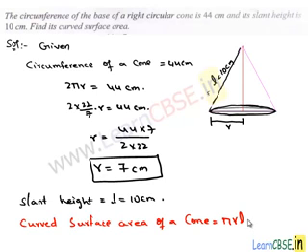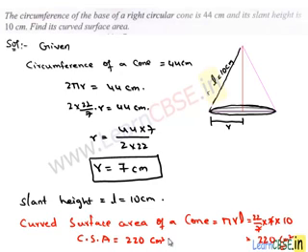Here we have the value of pi, which is 22 upon 7, the radius is 7 centimeters, and the slant height is 10 centimeters. On cancelling 7 in the numerator and denominator, we get 22 times 10, which is 220 centimeters square. Therefore, the curved surface area of this cone is 220 centimeters square. And this completes our solution.